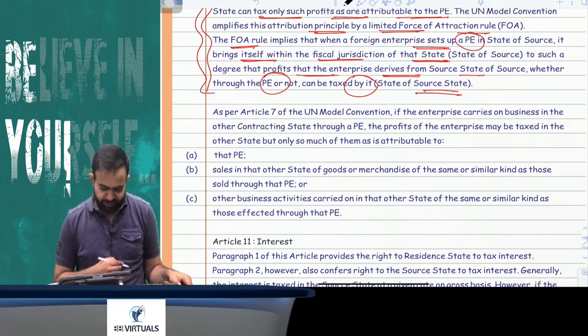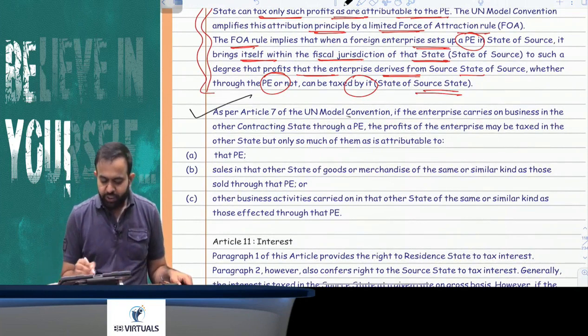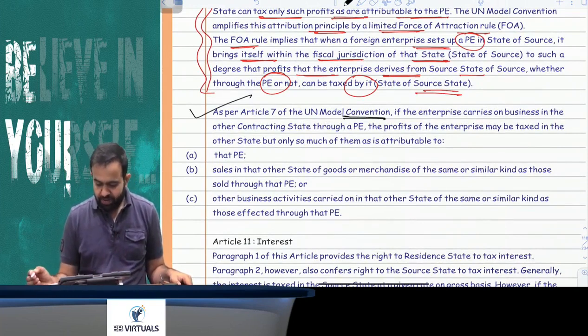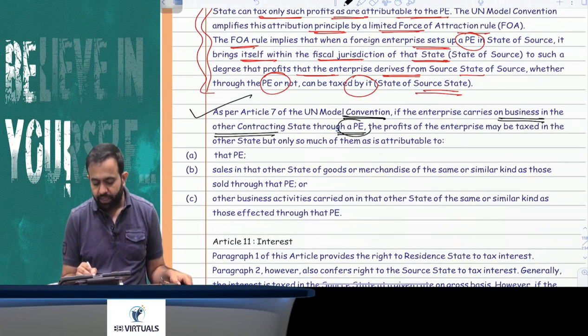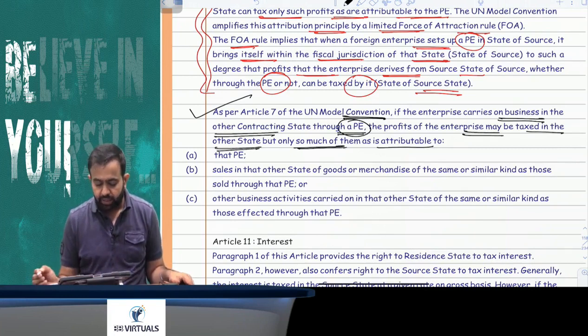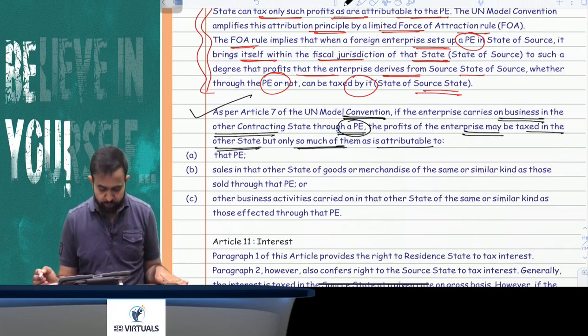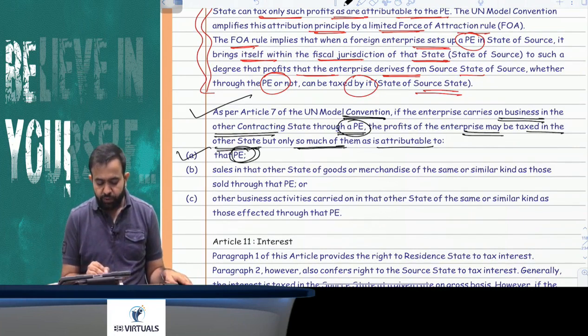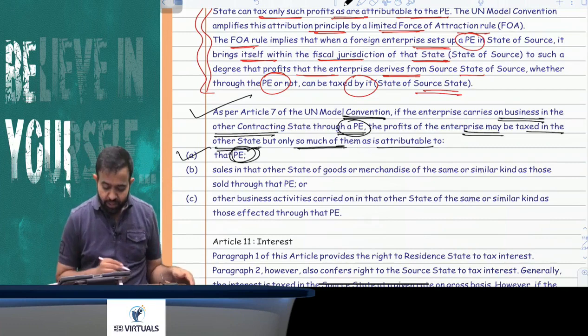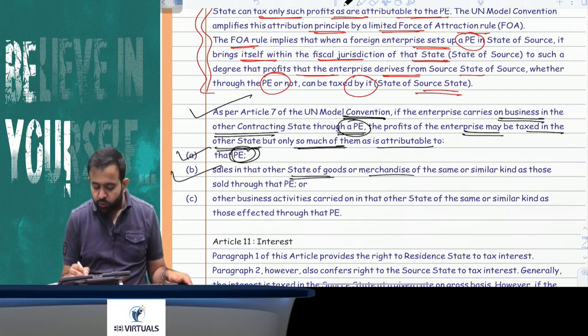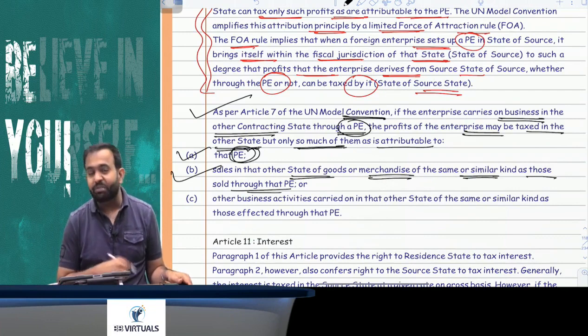As per article number 7 of the UN Model Convention, if the enterprise carries on business in the other contracting state through the PE, the profit of the enterprise may be taxed in the other state, but only so much of them as is attributed to that PE, means whatever income is due to that PE, that 100 car, or sale in that other state of goods or merchandise of the same or similar kind as those sold through the PE.